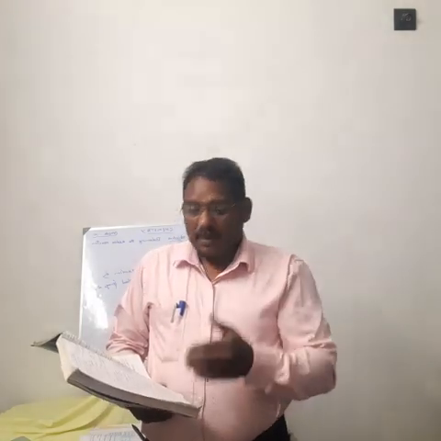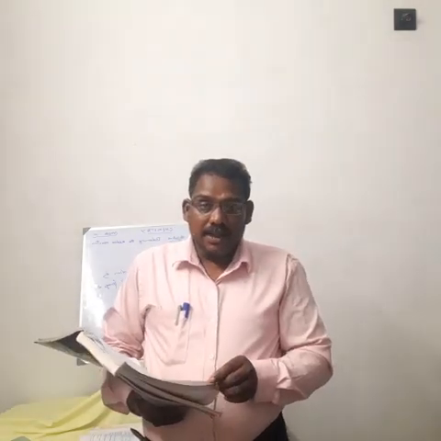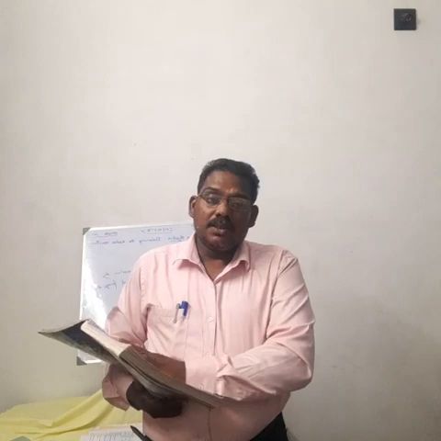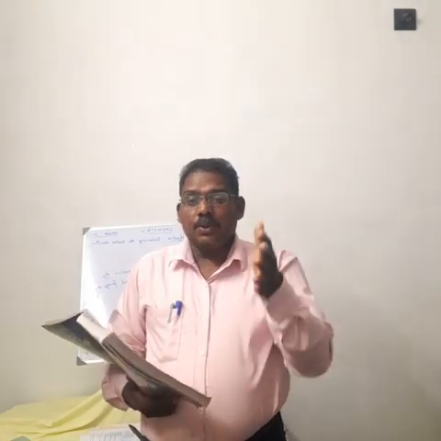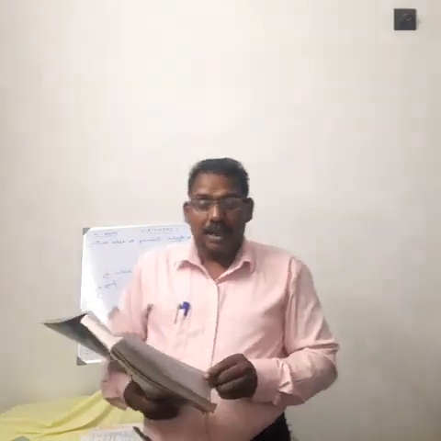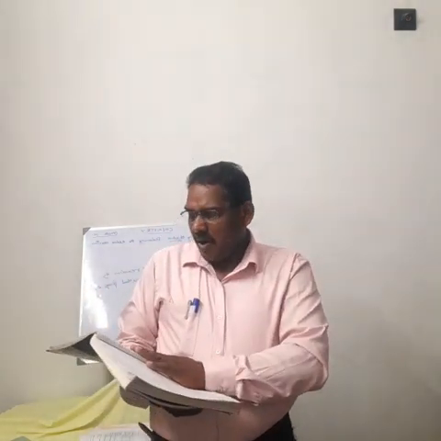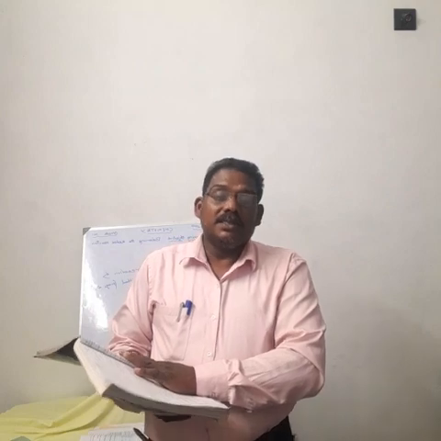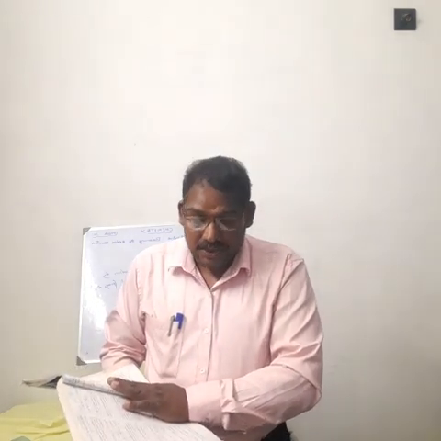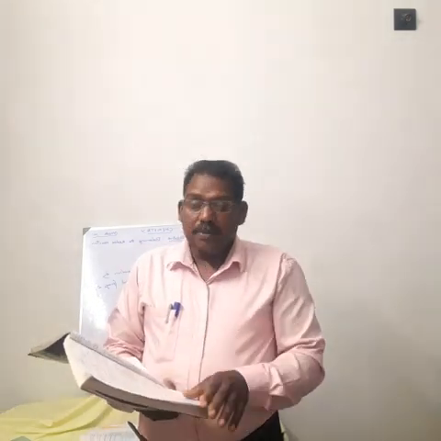This is a compulsory question. If you have any doubt, please ask me. I will help you. The oxidation number method question is a very, very important question, so all of you must do it.